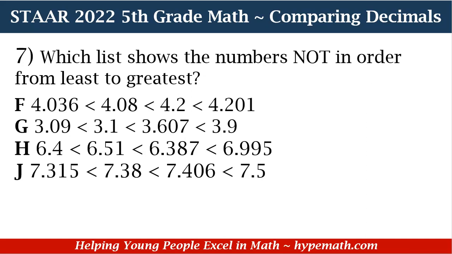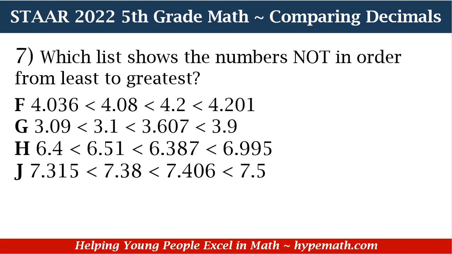We have F, 4 and 36 thousandths is less than 4 and 8 hundredths, which is less than 4 and 2 tenths, which is less than 4 and 201 thousandths. G, 3 and 9 hundredths is less than 3 and 1 tenth, which is less than 3 and 607 thousandths, which is less than 3 and 9 tenths.